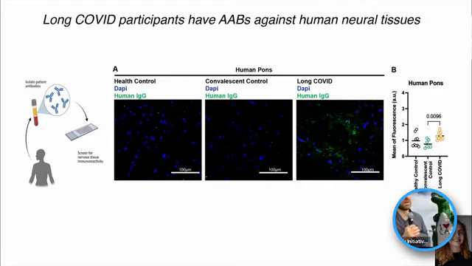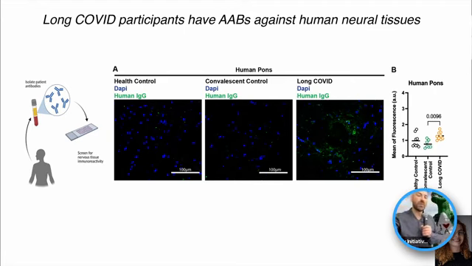The final piece of pathobiology I want to share before we move into interventional strategies is some really beautiful work that was done by Kayla, who's there in the bottom right. Sorry. What Kayla did was she took IgG, so antibodies, from healthy controls, people who had never had COVID, convalescent controls, people who had COVID and fully recovered, and people with long COVID who we had diagnosed very carefully.